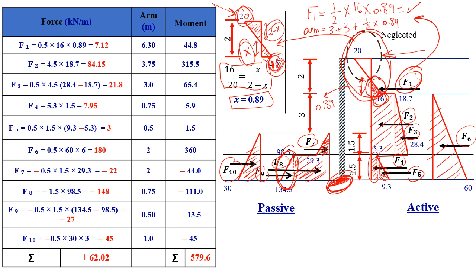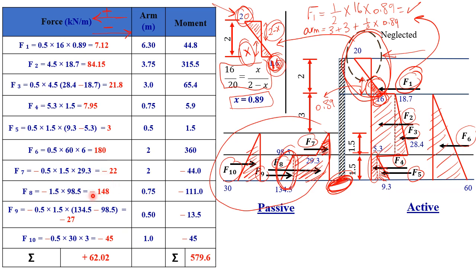When calculating your forces, you must assume a direction for the positive sign and a direction for the negative sign. We will assume here that any force moving to the left will take a positive sign and any force to the right will take a negative sign. So F7 and F8, F9 and F10, these four forces will take a negative sign.